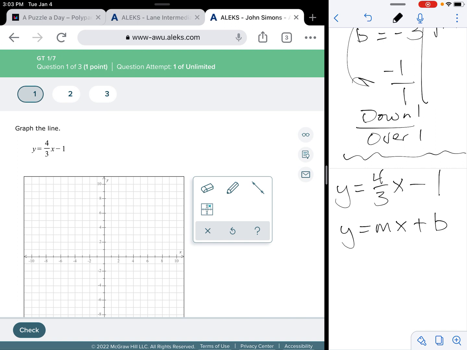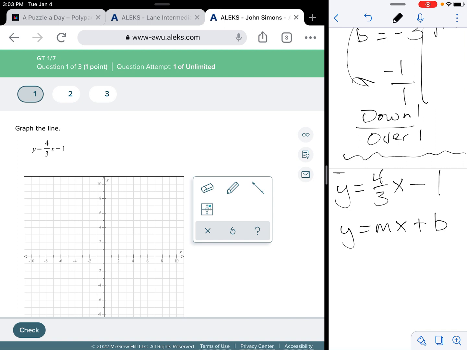Otherwise, you get ugly numbers that make it tricky to plot clearly, especially when you're doing it digitally. But if you use slope and y-intercept, it's a lot more straightforward. So let's get going here.